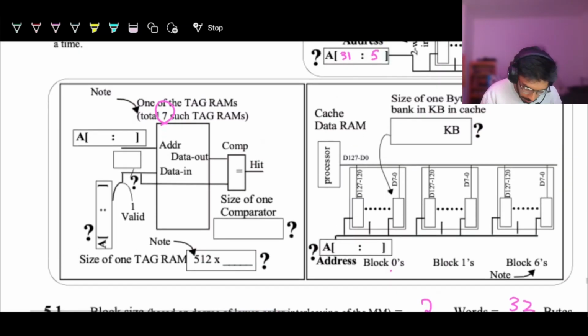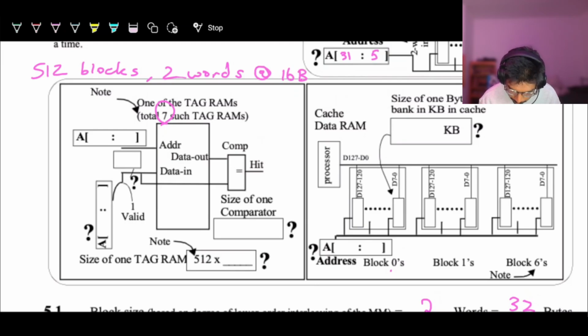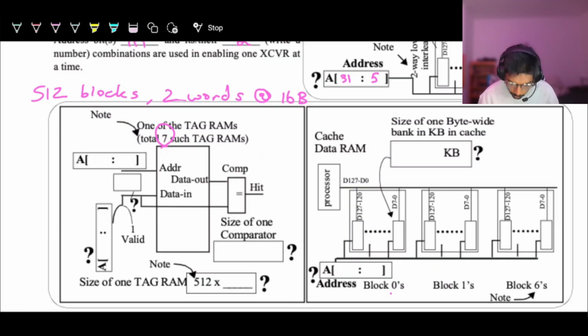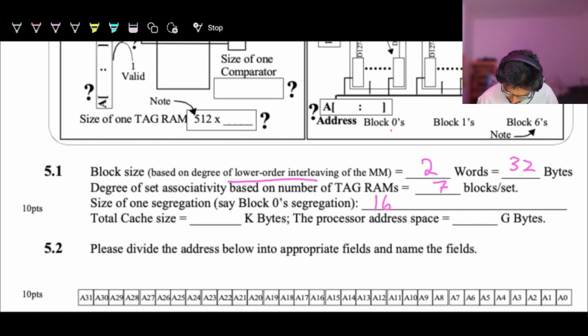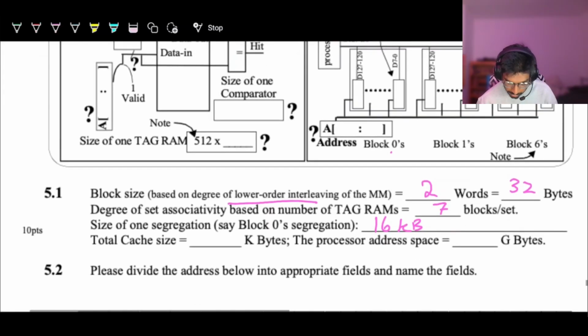So that means we have 512 blocks times 2 words at 16 bytes per block. So if we multiply that all out, we should get the size of one tagram because they tell us the depth of our tagram. So that's 512 times 2, which is 1K, times 16 bytes is 16 kilobytes in each tagram. So 16 kilobytes in each segregation of tagram.